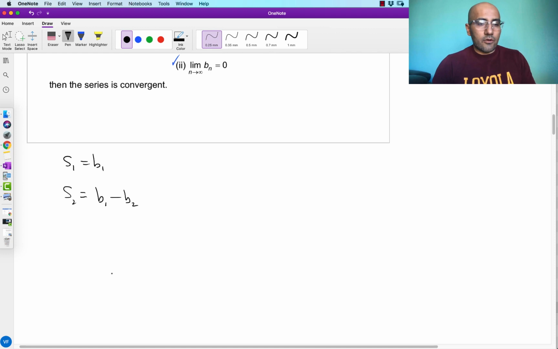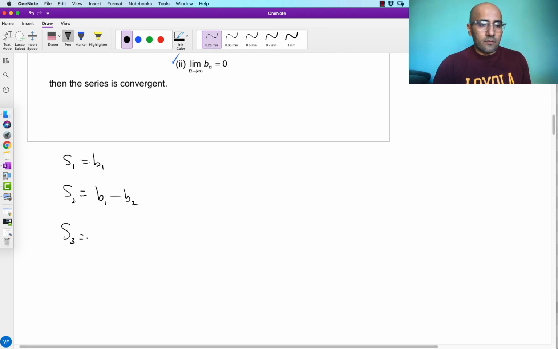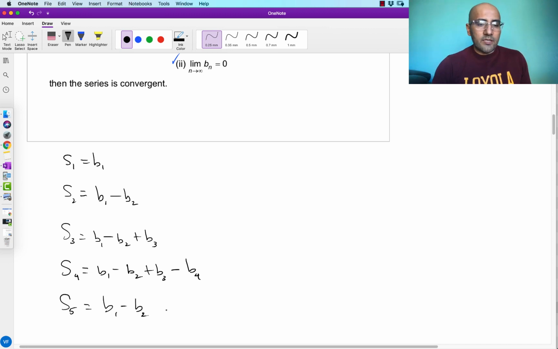Right? And then the third partial sum is going to be b1 minus b2 plus b3. And then s sub 4 is going to be b1 minus b2 plus b3 minus b4. S sub 5 is going to be b1 minus b2 plus b3 minus b4 plus b sub 5, right?